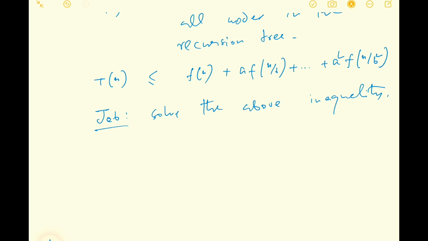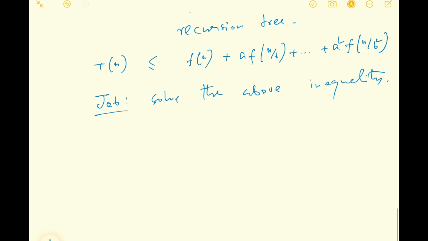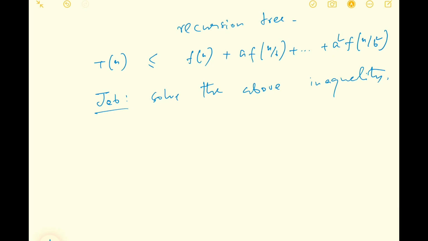So this particular sum is especially very easy to evaluate for 3 cases. So this job is easy for 3 special cases. And these 3 special cases typically will cover most of your need in algorithm design and analysis of running time of any algorithm. So what are these 3 special cases?